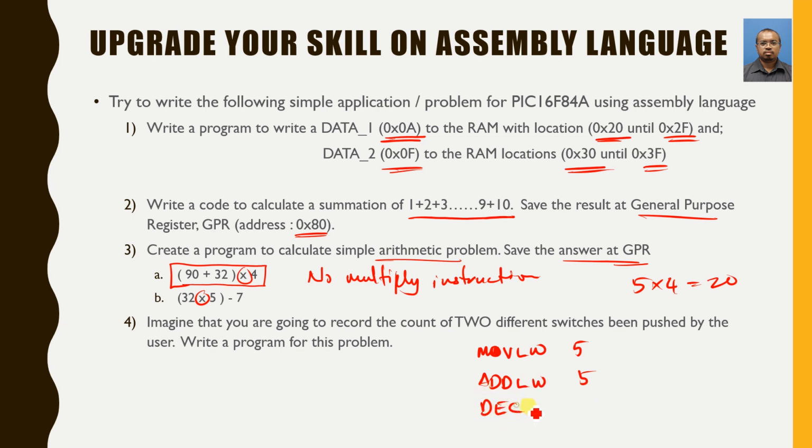You have to use a counter, and then go to loop. So the loop is here. Okay, so this is one way to do it. This is not necessarily the only way of doing the program code. So it's up to your creativity.